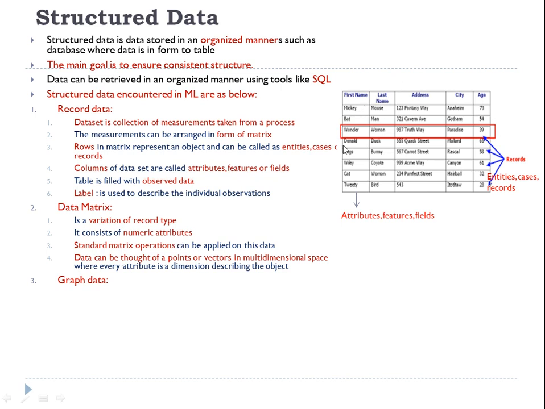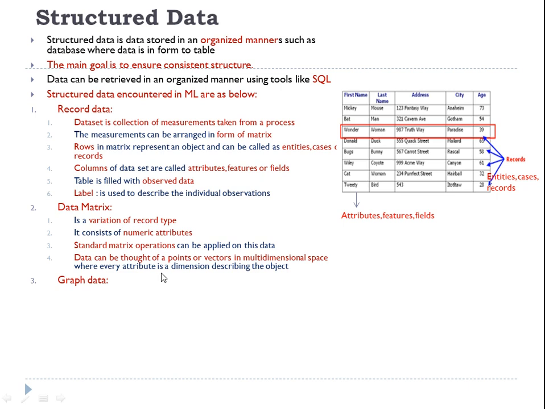What you are seeing in this example is record data, because I have numeric values as well as other characteristics like name, city, address. But a data matrix will exclusively have numeric attributes, and since it has only numerical values, I can also do some matrix operations on this data.